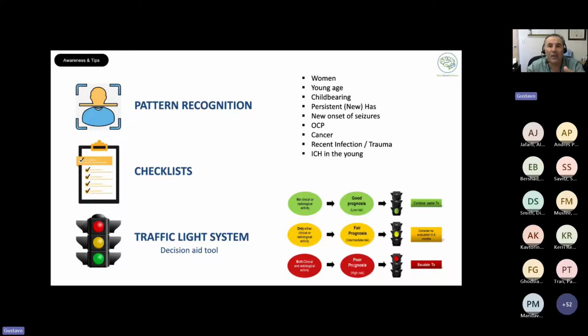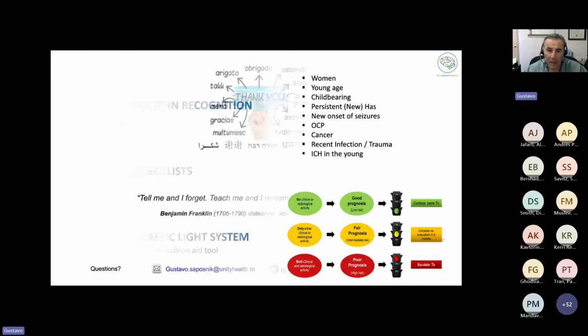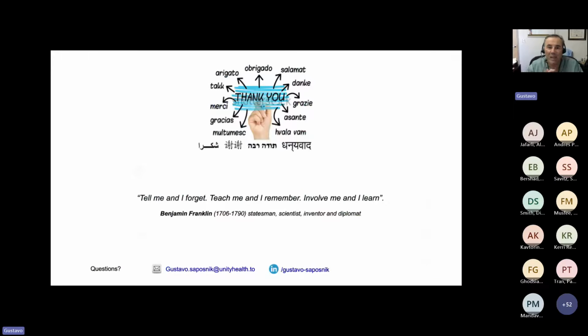And again, the field of multiple sclerosis has evolved, and you don't even need both clinical and radiological activity to escalate treatment nowadays.